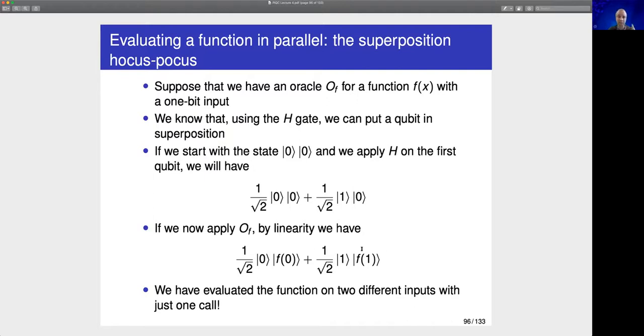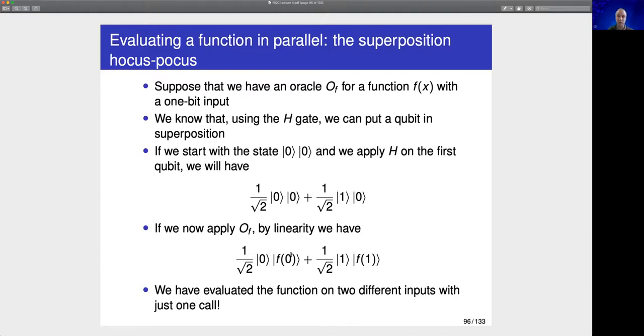This is important because this is a question that I have received from several people during the week. Notice that I'm using the oracle only once. Some people were confused because they saw that here we have the function twice, so it seems that I have called the function 2 times. But this is not the case. What I have done is to call the function once, but on a superposed value.